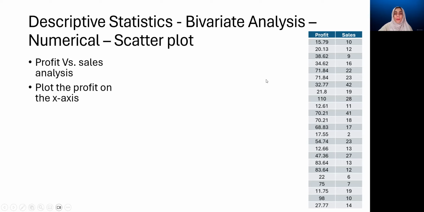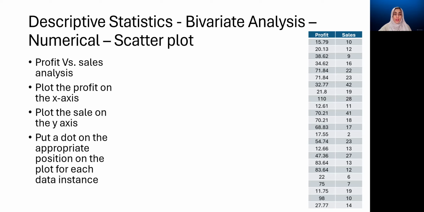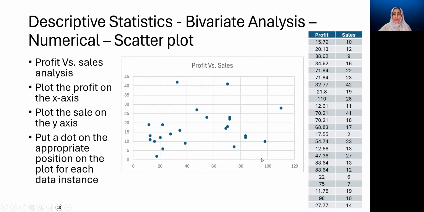When we make a scatter plot of it, we take the profit as the independent variable, and on the y-axis we plot the sales of this product. So we do it this way. We expect that if the profit margin is high, the sales should be lower, and if the profit margin is lower, the sales should be higher.